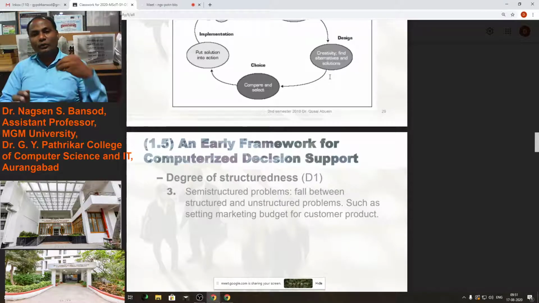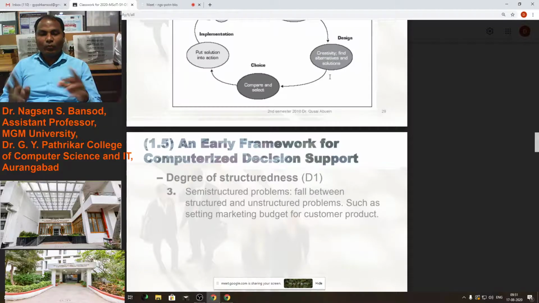Accordingly you have to design your own model, and that should be compared with the previous model. Both models you have to compare, and whichever is better, that you have to apply.